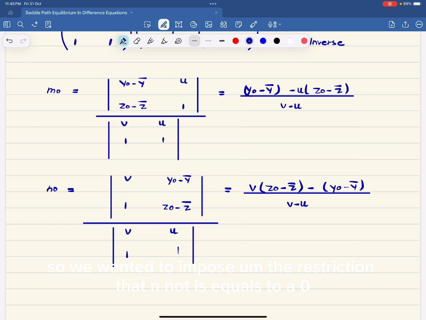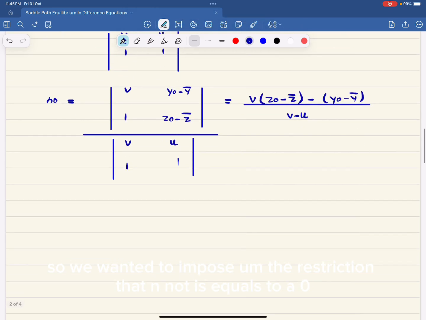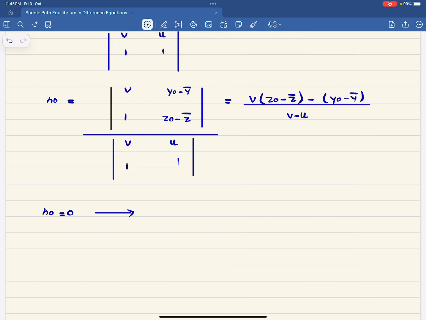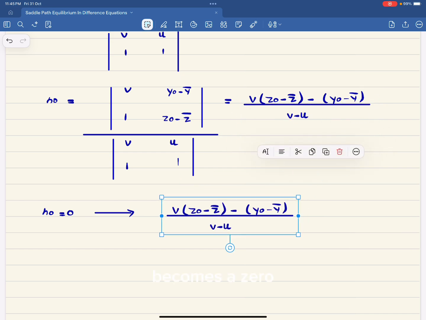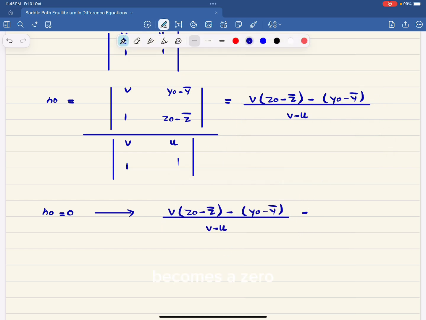So we wanted to impose the restriction that n naught is equal to 0. Therefore, this whole expression becomes 0.